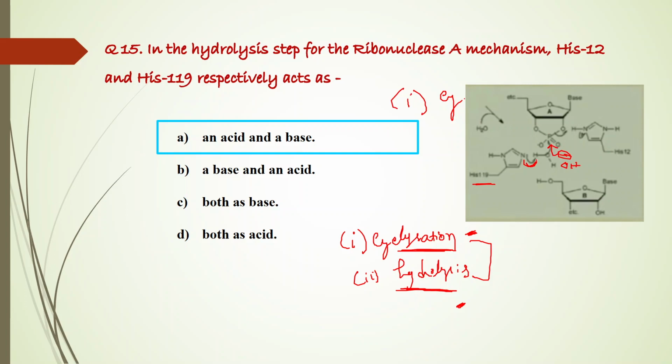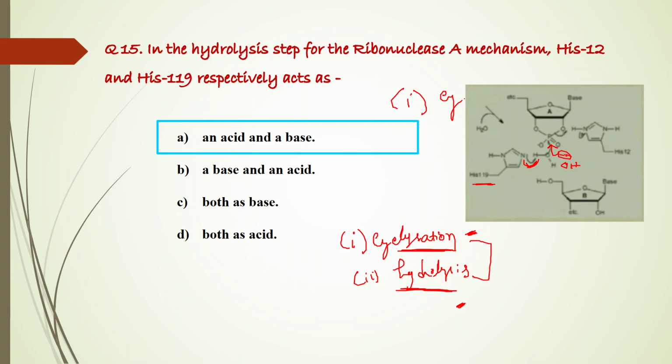So histidine 119 is taking up a proton from the water molecule. Whenever something takes a proton from another source, what do we call it? It is acting as a base, because it is taking up H plus. And what is histidine 12 doing here?